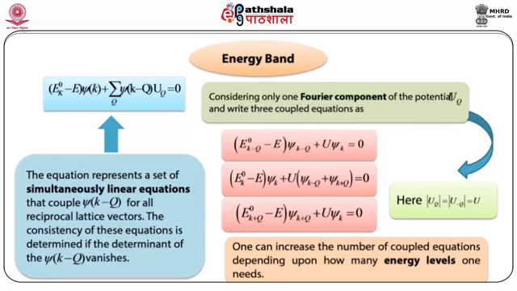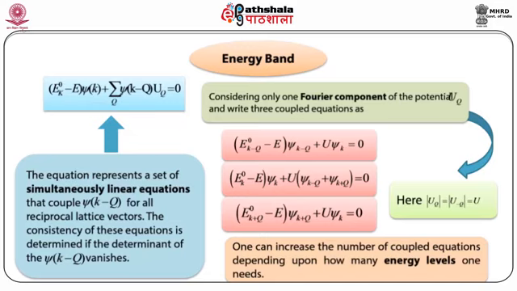The above equation represents a set of simultaneous linear equations that couple φ_{k-Q} for all reciprocal lattice vectors. The consistency of these equations is determined if the determinant of the coefficients of φ_{k-Q} vanishes.